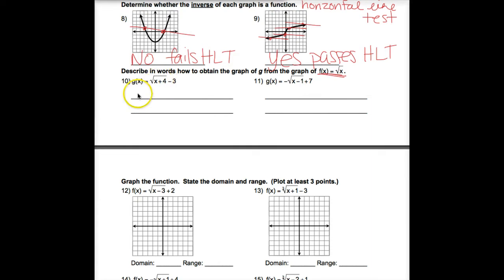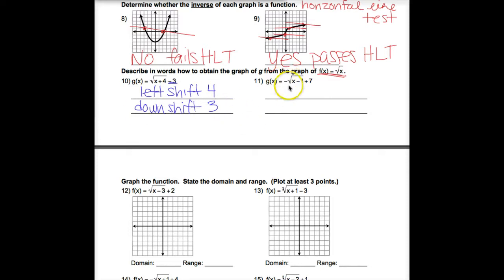This is a left shift. Then this is outside the parentheses, so that's the up-down because it's negative. That means it's down. So I shift left 4, down 3.